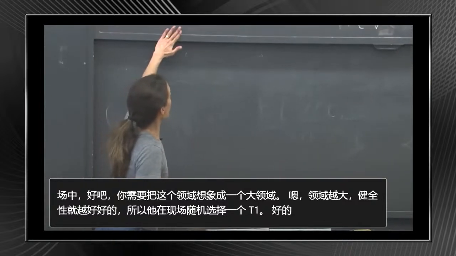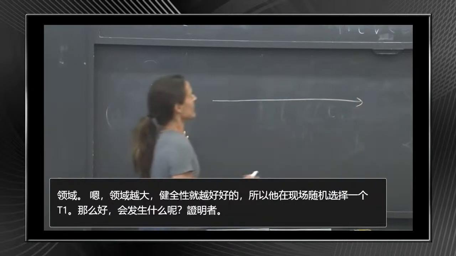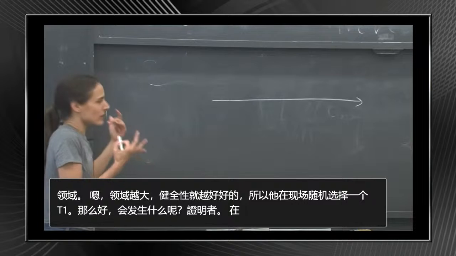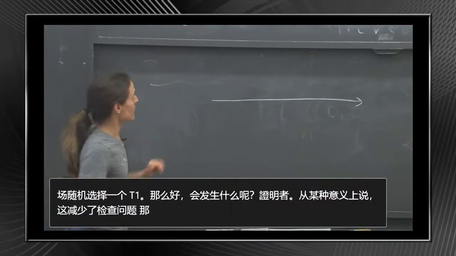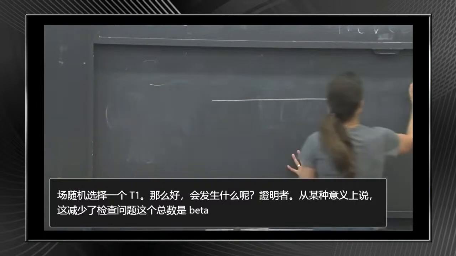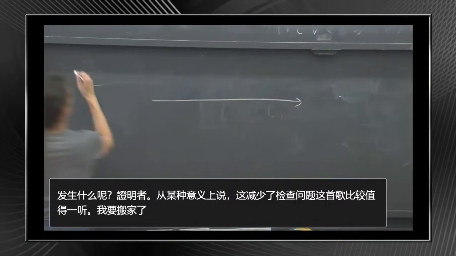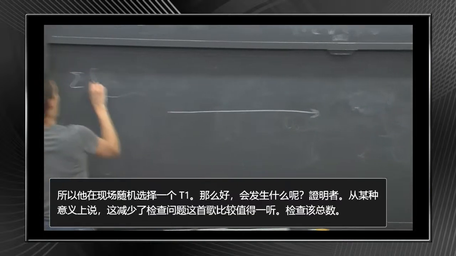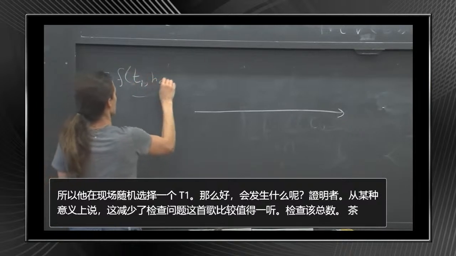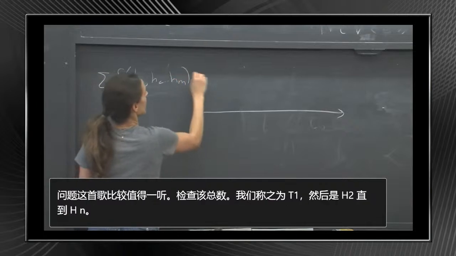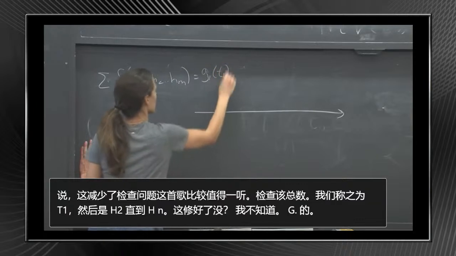Good. Then what happens, in some sense, this reduces the problem from checking that this sum is beta to checking that the sum of f of t1, h2 up to hn is this fixed value, g1 of t1.